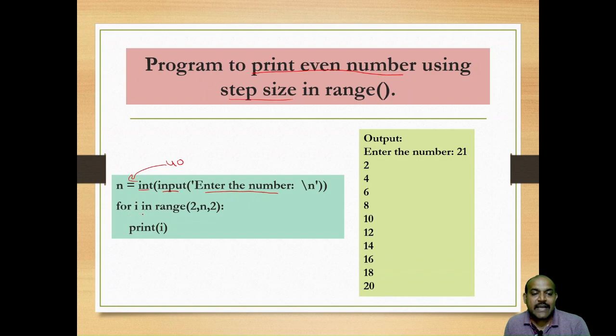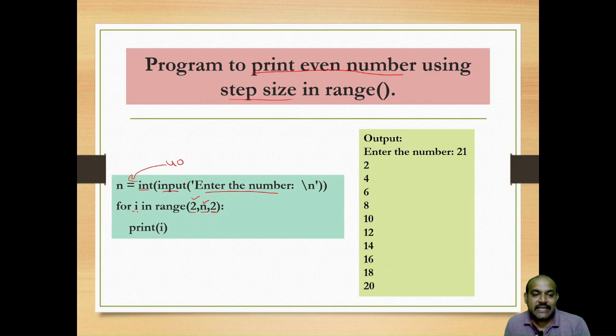Now, for i in range of: since I need to print even numbers, I should start from 2 and end where the user specifies. Therefore, I have written 2 as the starting position, n as the end point, and step size 2.